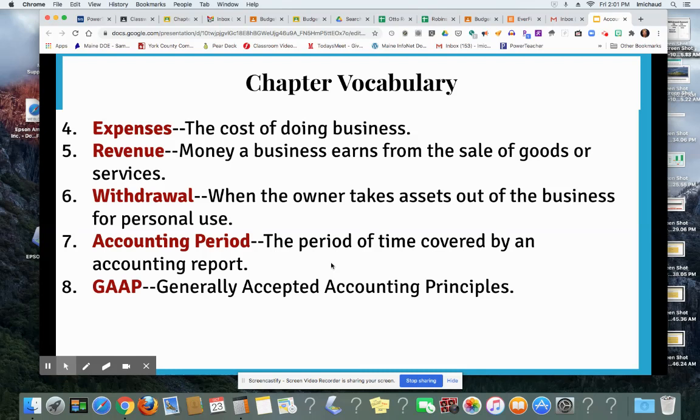Revenue is money a business earns from the sale of goods or services. Withdrawal is when the owner takes assets out of the business for personal use. An accounting period is the period of time covered by an accounting report. And GAAP is just referring to the generally accepted accounting principles, the way things should be done.